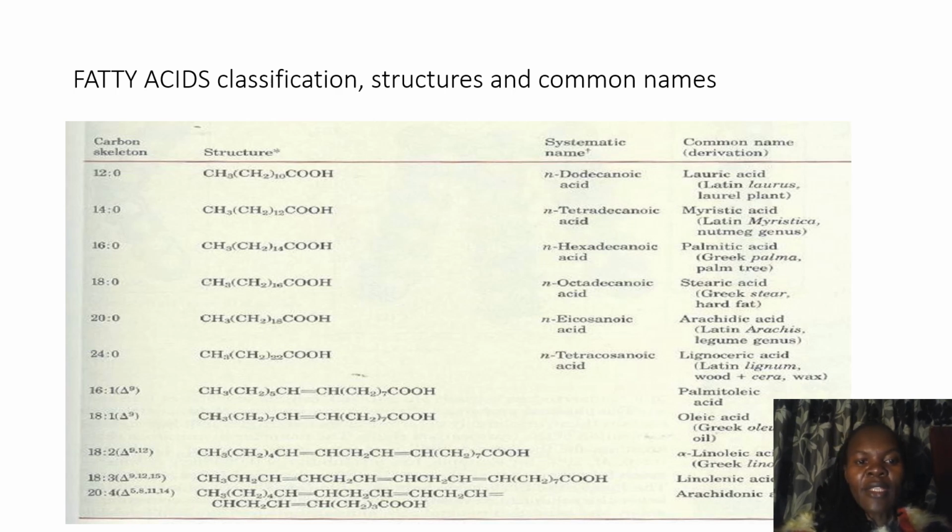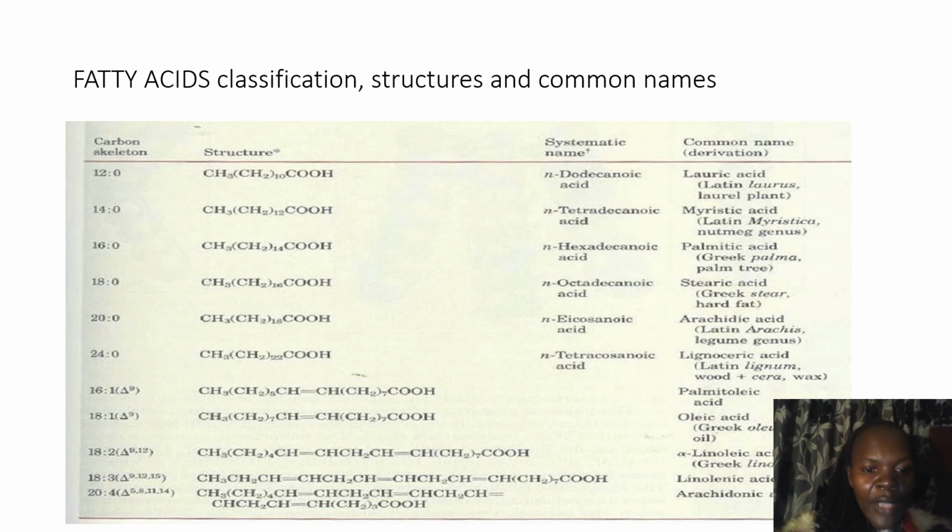We have 18 colon 1 delta 9, 18 carbon atoms, double bond at position 9, but it's known as oleic acid. So the double bond is between carbon atom number 9 and number 10. We have the polyunsaturated fatty acids now. 18:2 delta 9, 12; 18:3 delta 9, 12, and 15; 20 colon 4 delta 5, 8, 11, and 14.